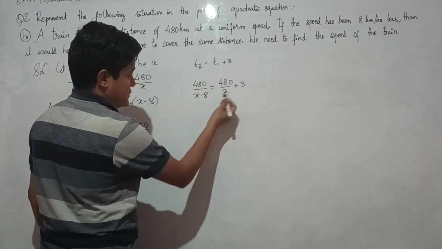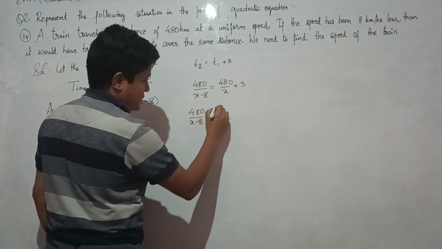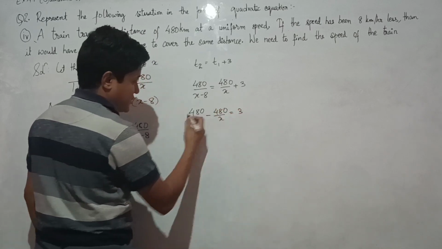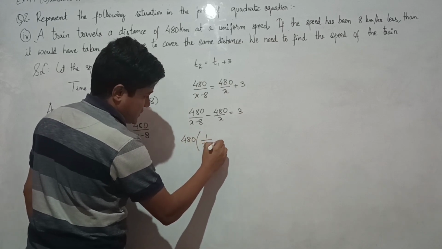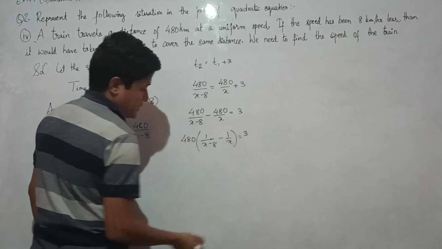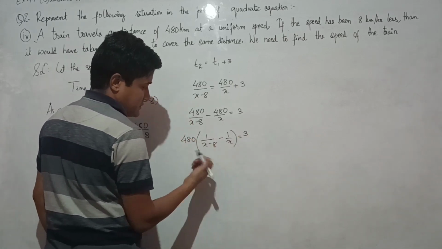Now let us bring 480 by x minus 8 minus 480 by x equals 3. So solving, 1 by x minus 8 minus 1 by x equals 3. You can cut 3 and 480 and simplify.